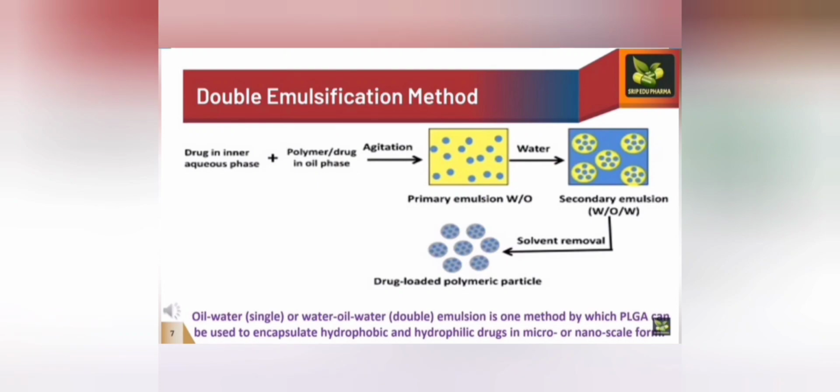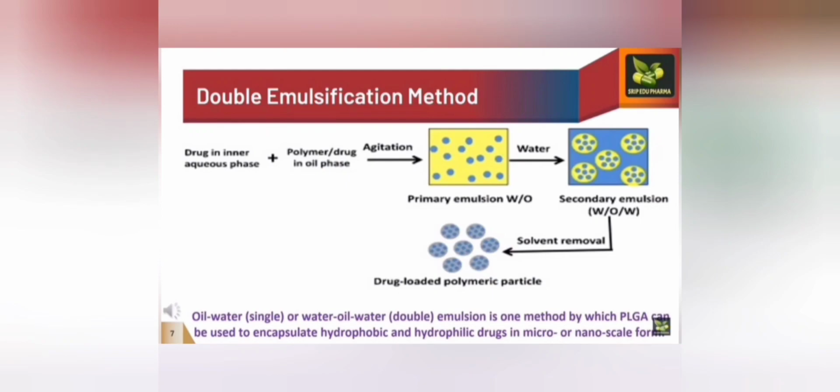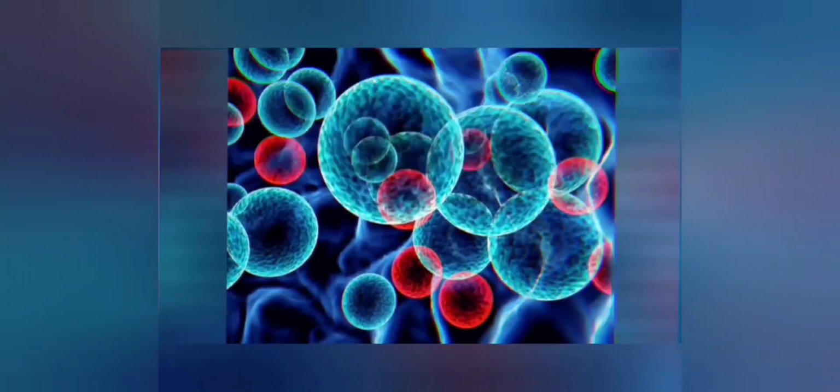Agitation forms a primary emulsion in water, which forms a secondary emulsion, followed by solvent removal. Oil-water-oil or water-oil-water double emulsion is one method by which we can encapsulate hydrophobic and hydrophilic drugs in micro or nano scale form.